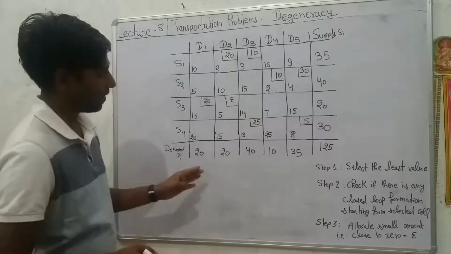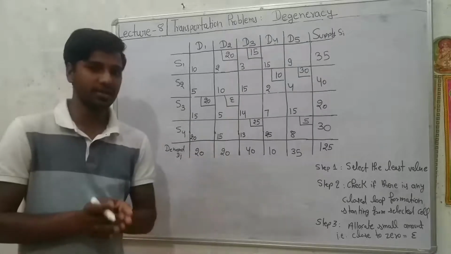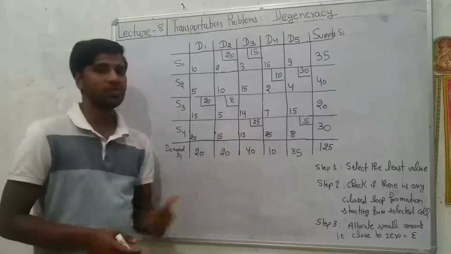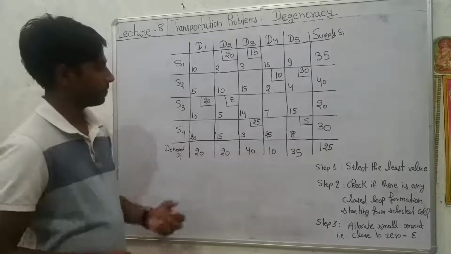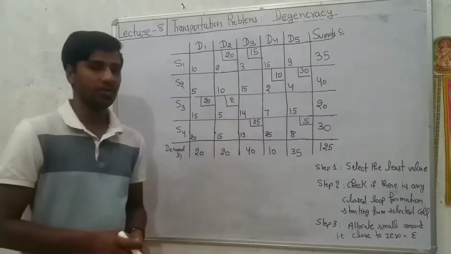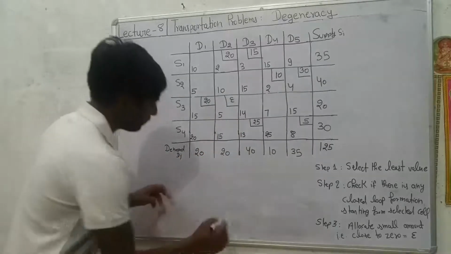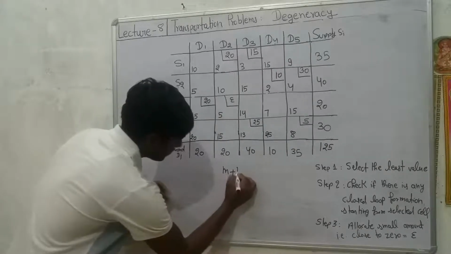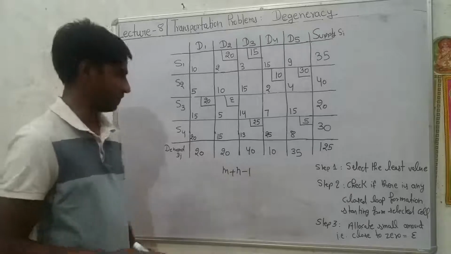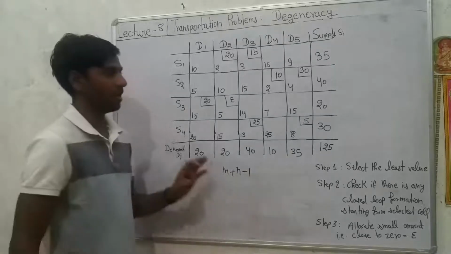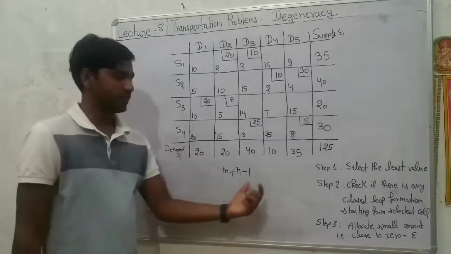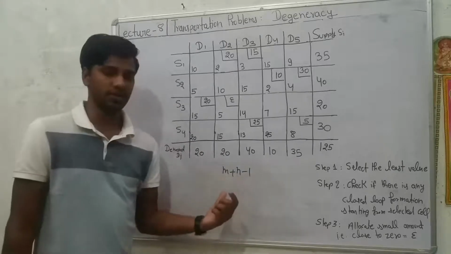If that cell is independent, assign a quantity equal to epsilon, so that we can consider this cell as an occupied cell and the condition of m plus n minus 1 is satisfied. From now on we can apply the stepping stone method and the modified distribution method to test the optimality of this transportation problem.